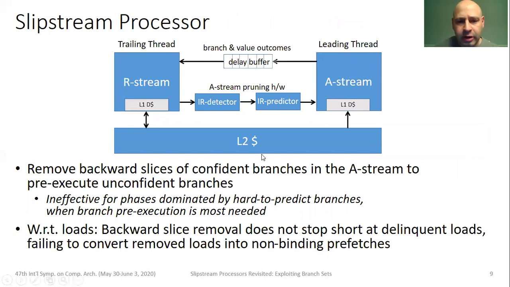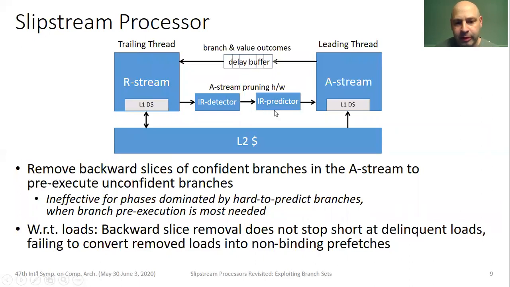So here's a high-level overview of the Slipstream processor microarchitecture. The leading thread is called the advanced stream or A stream, and the trailing thread is called the redundant stream or R stream. And we'll be using this terminology in our technique as well. There are 3 new components that are added to this dual core system to facilitate Slipstream execution.